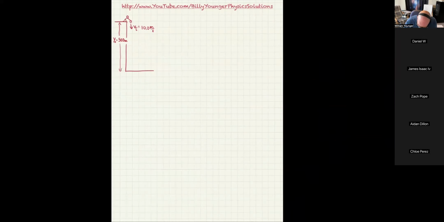And now I can shrink this back down and draw the rest of my little arrow like that. And what I want to figure out is just before the ball hits the ground, what is V final? Okay. No air resistance.